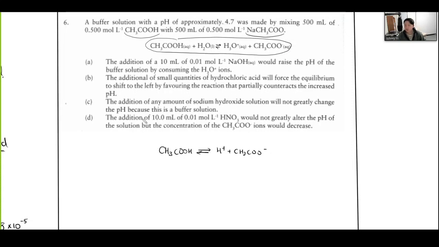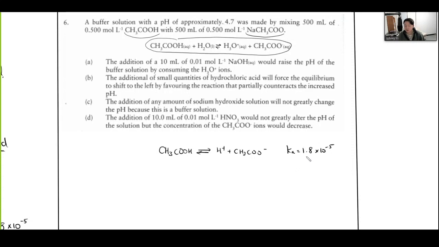Now, let's first of all prove, let's just think about why this is 4.7, okay? We know that the Ka for this is 1.8 times 10 to the power of negative 5. Sorry, how do we know that?